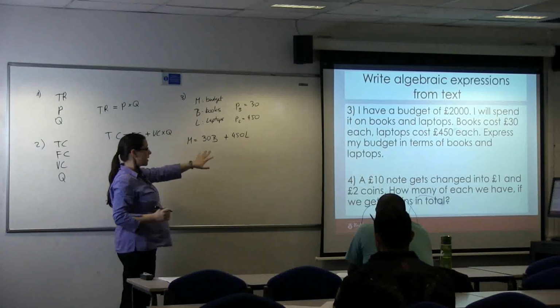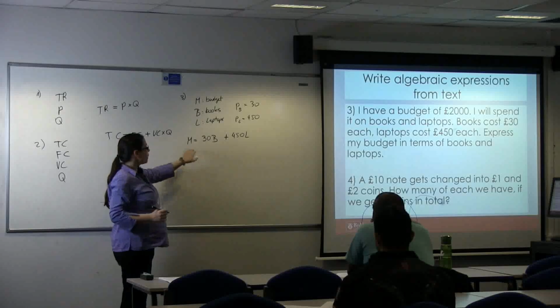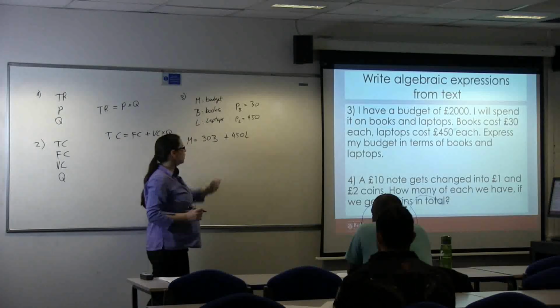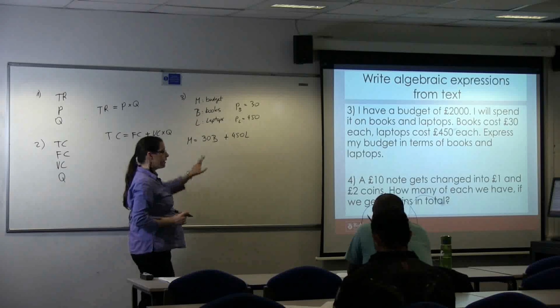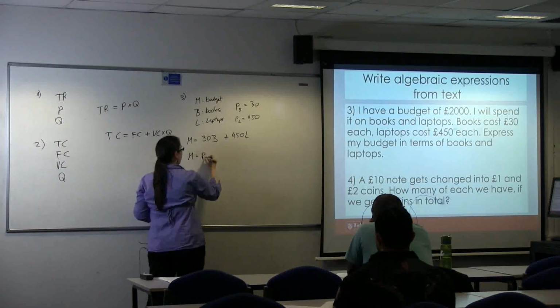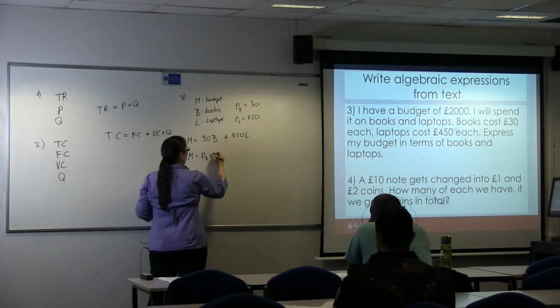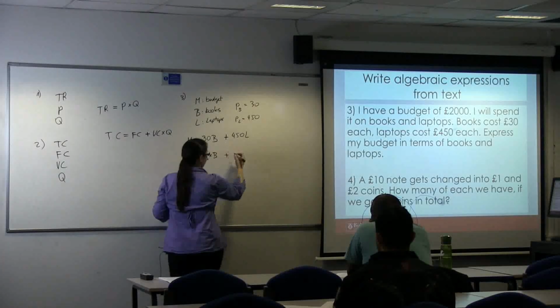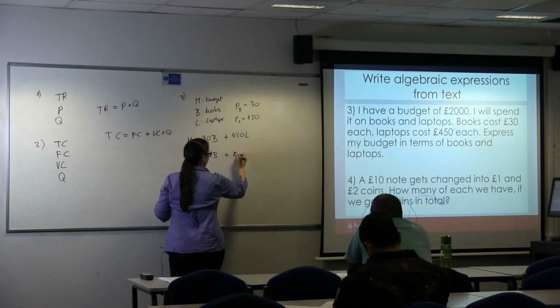So a number of laptops times 450. Now, if I wanted to write this up without the actual prices, the more generic formula would be price of book times the number of books, and price of the laptops times the number of laptops.